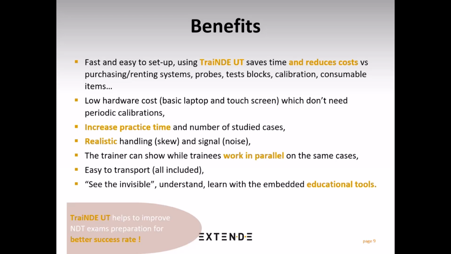The hardware is low cost and does not require periodic calibrations. Additionally, it increases practice time and the number of study cases, providing realistic handling and noisy signals. The trainer can demonstrate while the trainees work in parallel on the same cases, and the system is easy to transport.